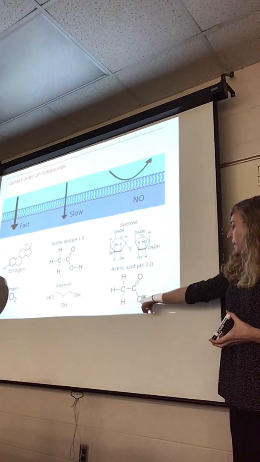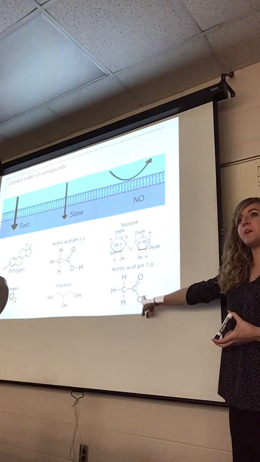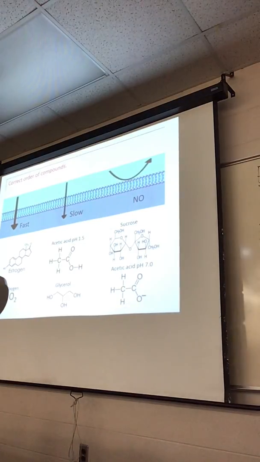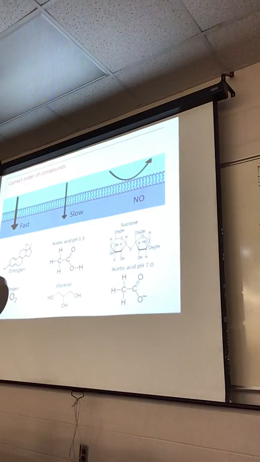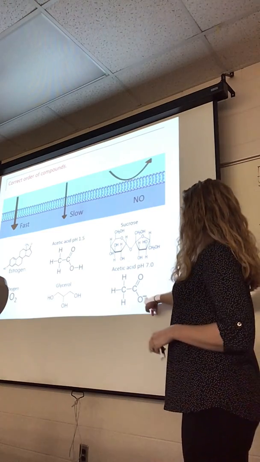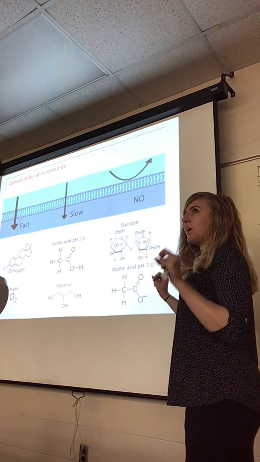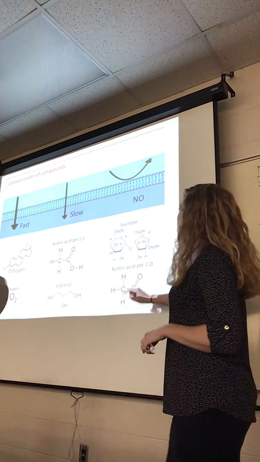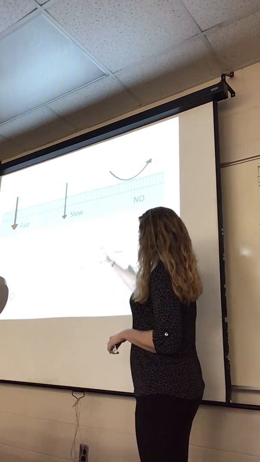And the other thing, anytime you see a picture of something with a charge on it, if it's an ion like a positive or a negative, it is not going to diffuse between phospholipids, okay? It is going to have a channel. Things that are, I'll say ionated, not a word, but ionized, something that has a positive or negative charge will not squeeze between these.